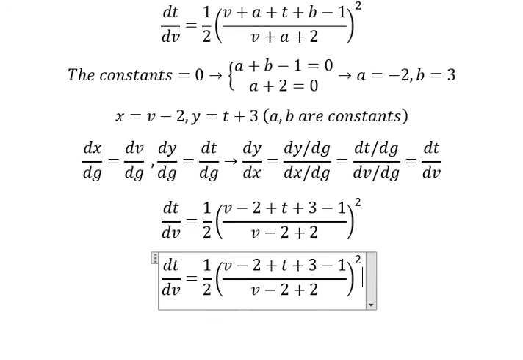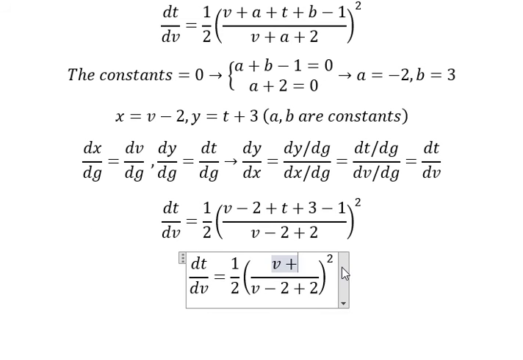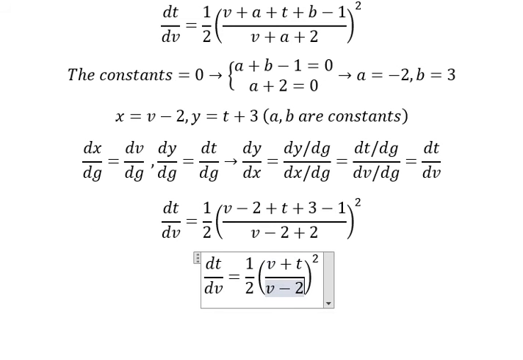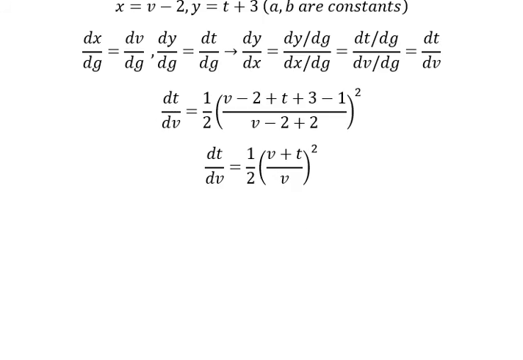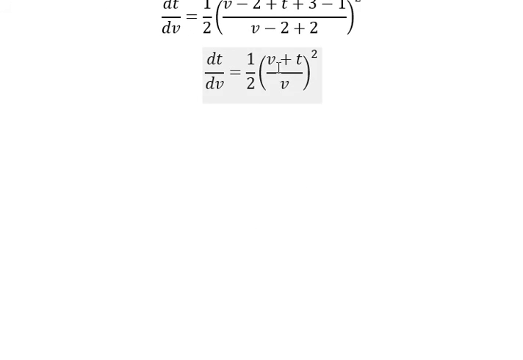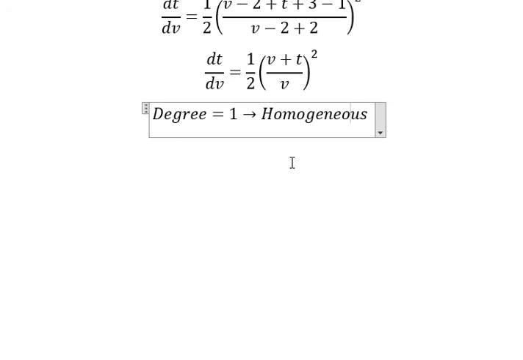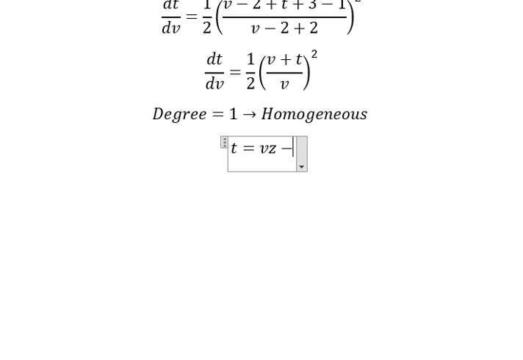Now, this one we simplify. Next, we have vt and v. They are discrete. Number 1. So this is homogeneous. So I will put t equal to vz.